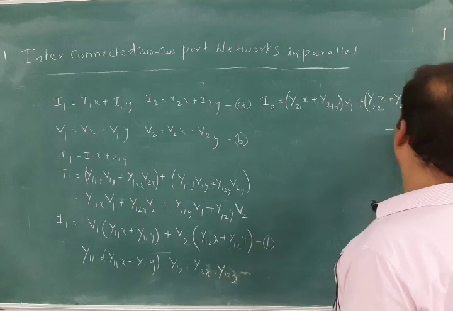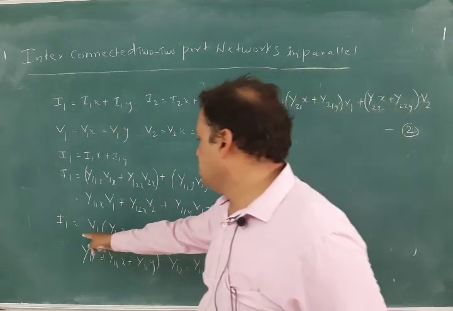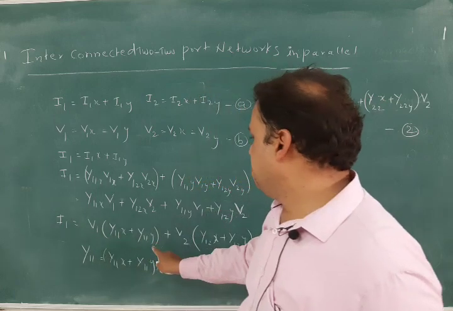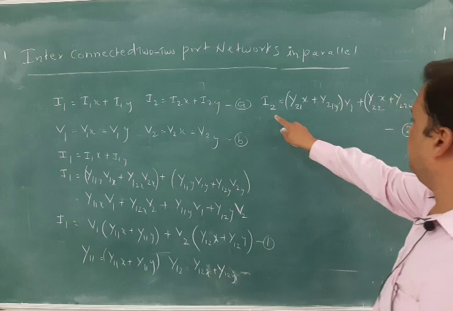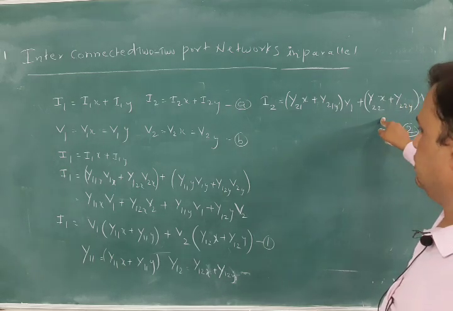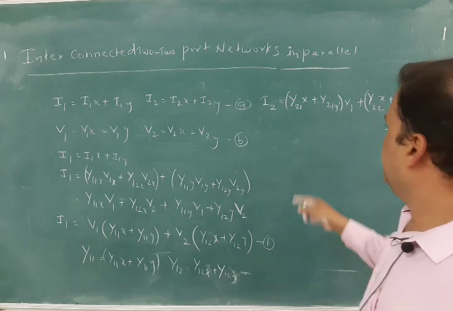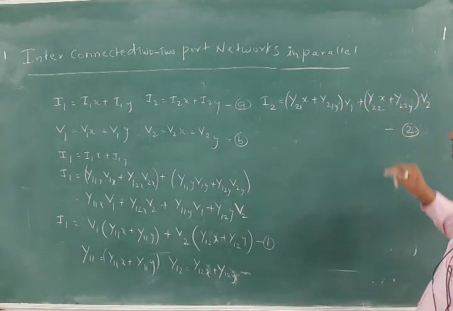So this is equation number 2. You are seeing here in equation number 1, I1 is equal to V1 of this term and V2 into this term. In a similar way, I2 is equal to V1 of this term and V2 into this term. Here it is V1 into some Y parameter expression, and here also V2 into some Y parameter expression.